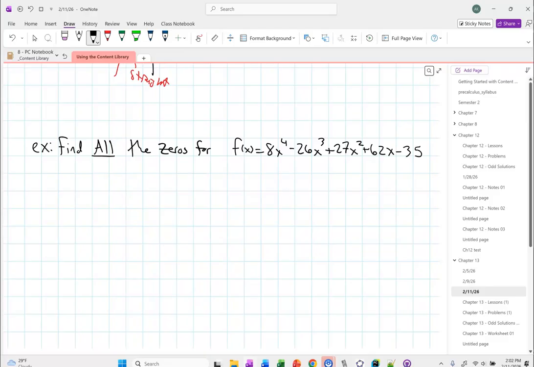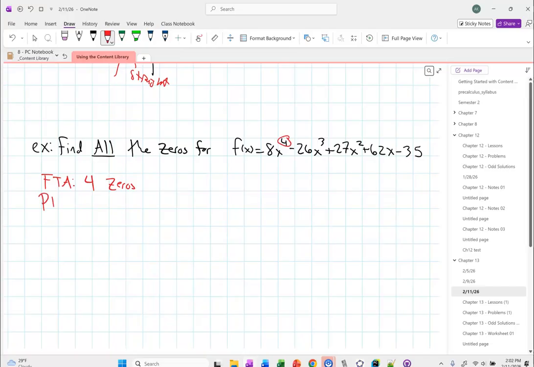We'll put all the bells and whistles on together so that we can find everything as efficiently as possible. My first thing I'm going to do is identify how many zeros I'm going to be looking for. The fundamental theorem of algebra tells me I have 4 zeros, because it's degree 4.